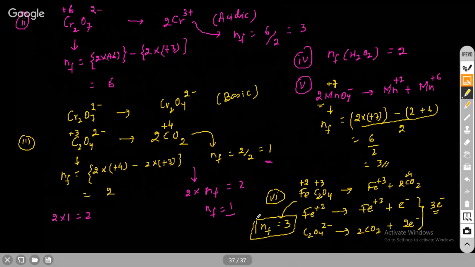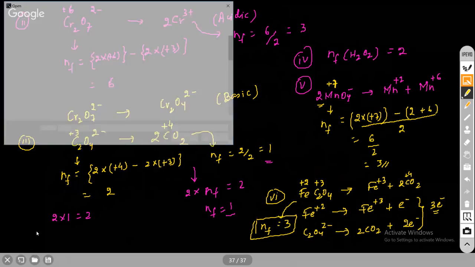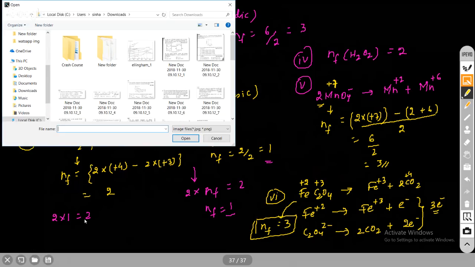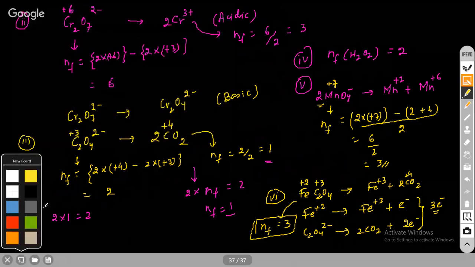Okay. Now the last thing we'll see here, calculation of N factor in the case of disproportionation reaction. Okay. So in disproportionation reaction, how do we find out N factor?